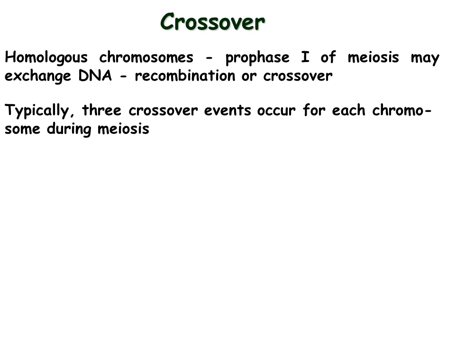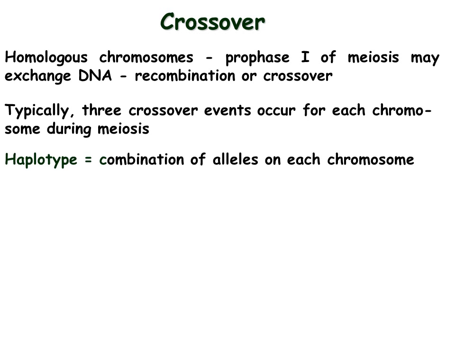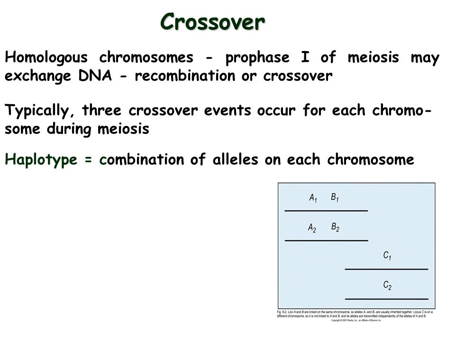Typically, we see 3 crossover events for each chromosome during meiosis. So this is a very common thing that happens. And then the offspring will inherit a haplotype, the combination of alleles on each of the chromosomes. Now these recombination events, however, will change the haplotype.